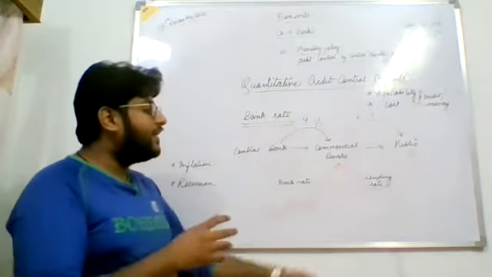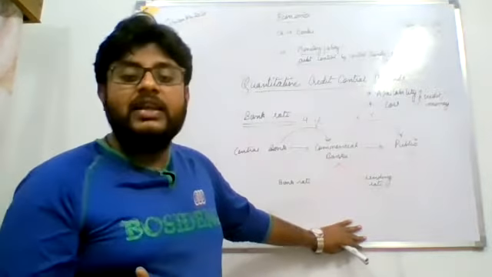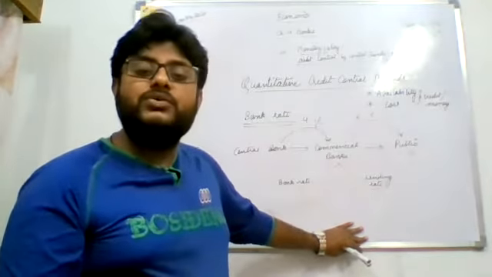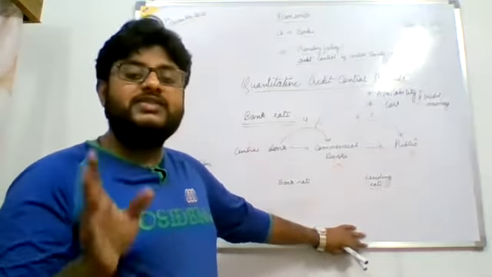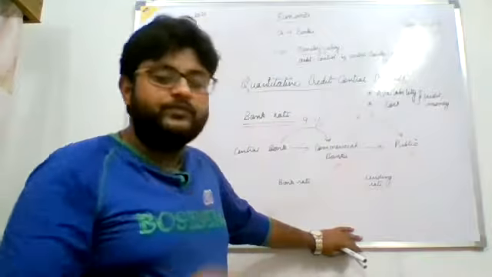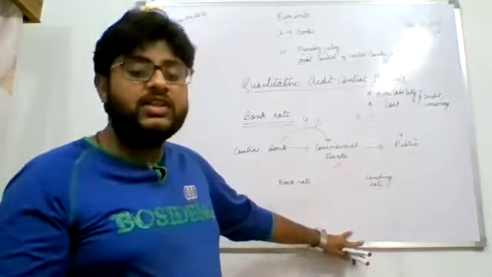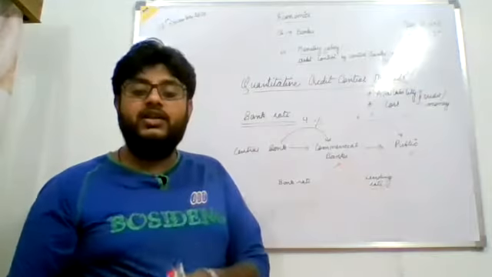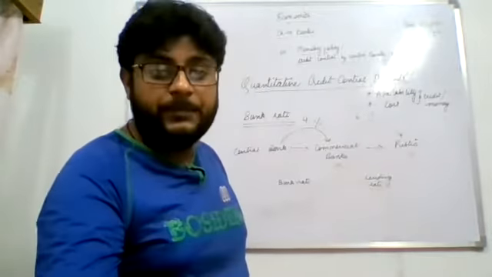But this bank rate is a very traditional method. It is the old method. Currently, the RBI uses the repo rate, which is the same as the bank rate. The concept is the same. Repo rate is mainly used in India to control the availability and cost of credit.